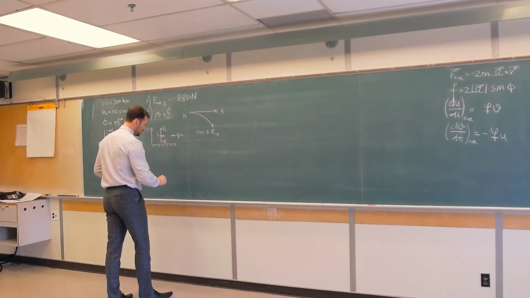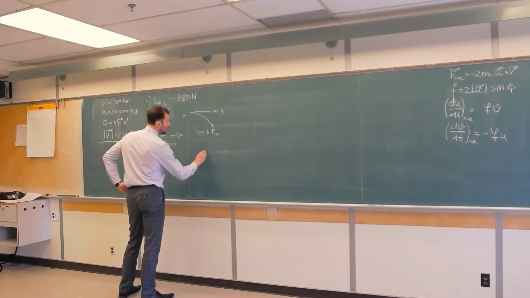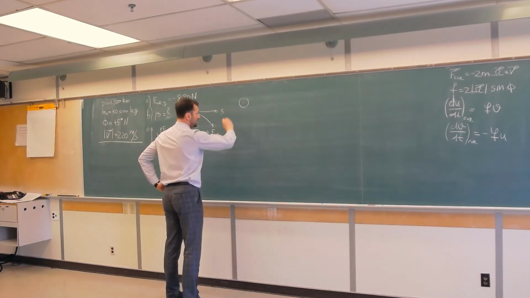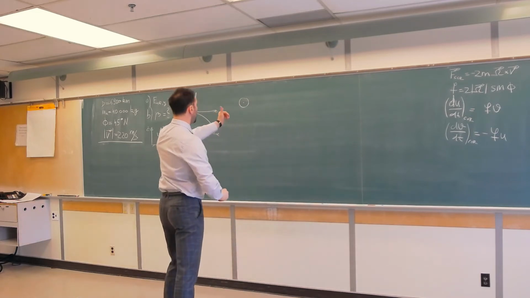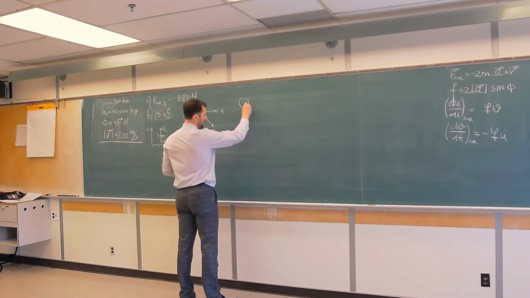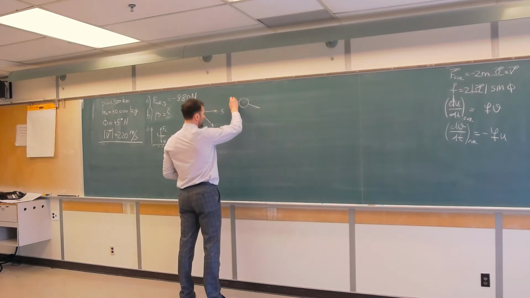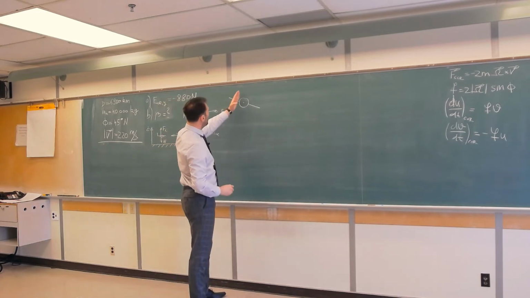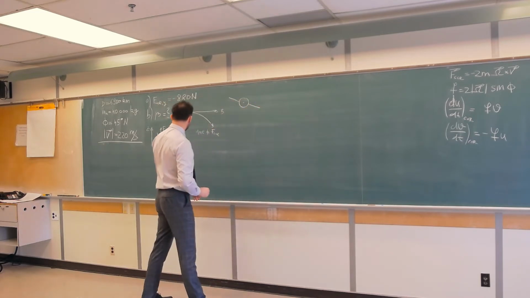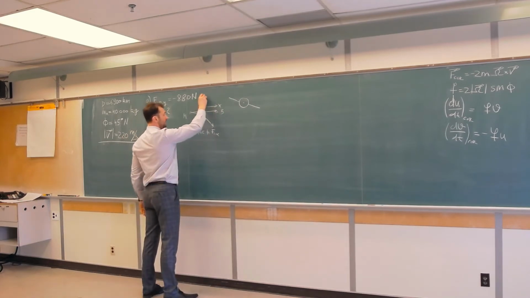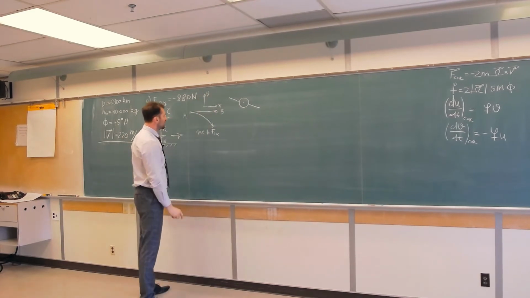Let's plot it here. If this is the tip of the aircraft that is now flying into me, the aircraft needs to be inclined like so in order to create a component of the lift in the y direction. So this is x, this is y, positive northward.